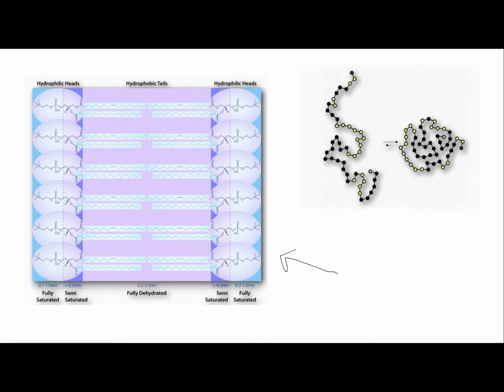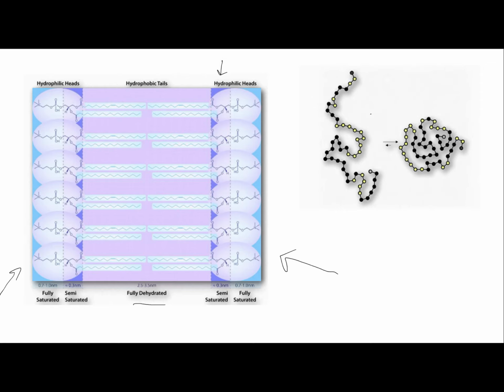Again, this is maybe the inside of the cell, maybe this is the outside of the cell. You can see here all of the non-polar portions are facing inward, dehydrated, implying that there's no water. The semi-saturated interface in between the outside aqueous environment and the inside non-polar environment is going to have some associations with water, and then you can see the polar groups all the way on the outside.